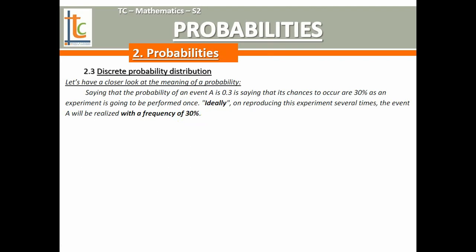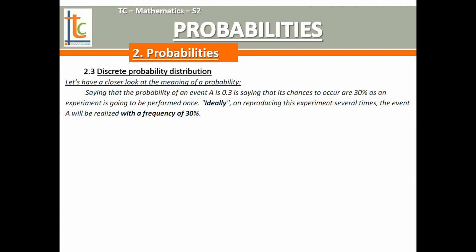When tossing your coin, you can say that after a large number of tosses, ideally you have to get 50% heads and 50% tails. Maybe the reality will not be exactly corresponding to this 50%, but the reality won't be far from this result.